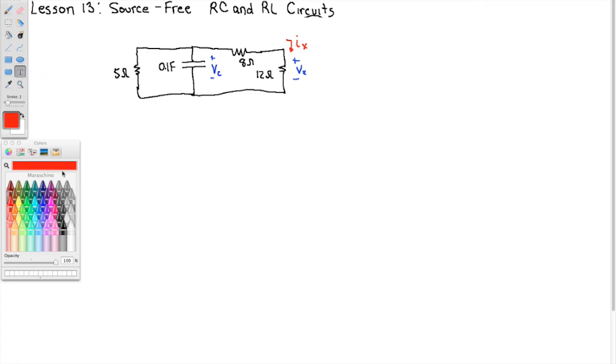And let us suppose the initial voltage on the capacitor, so at time t equals 0, is 15 volts. So again, I want to emphasize here that that had to have come from some voltage source, like a battery.